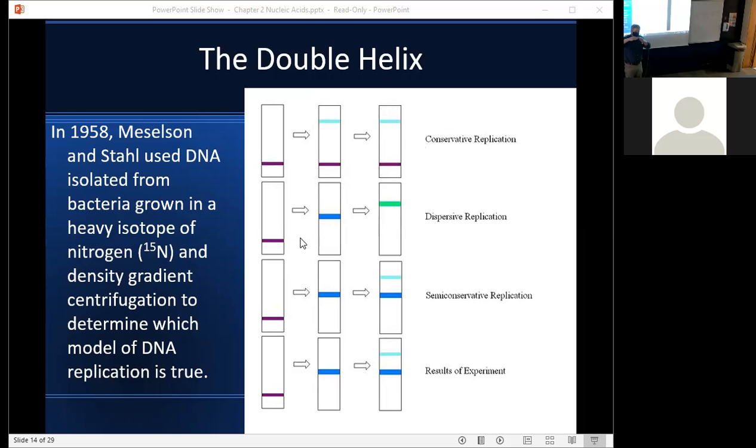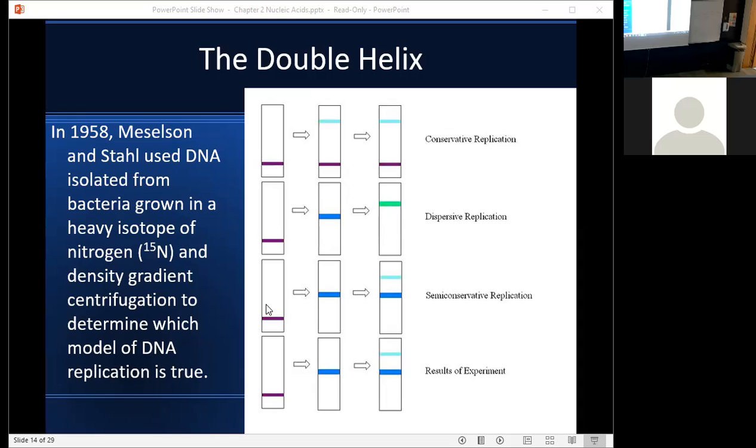The heavy DNA is going to be kind of titrated out, and the band's going to get higher and higher. So after one round of replication, the heavy band is going to disappear because we're going to be adding new DNA to that template DNA. And after another round, it's going to get even lighter, and it will continue to get lighter and lighter with subsequent rounds of replication.